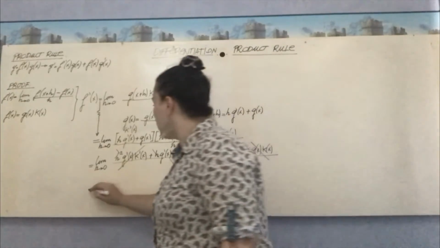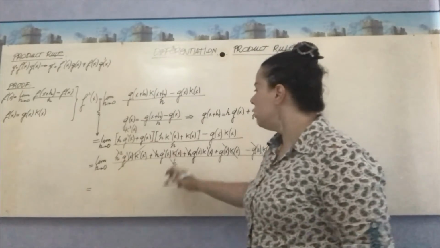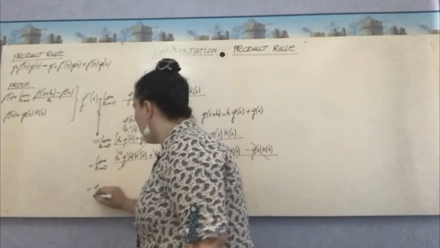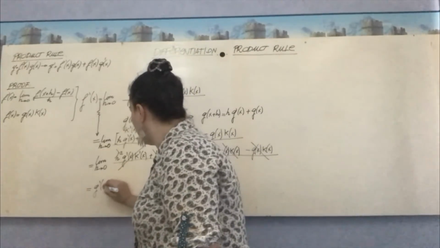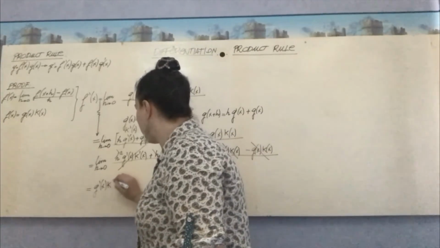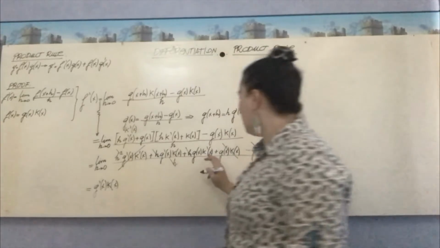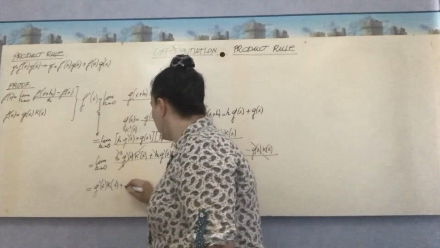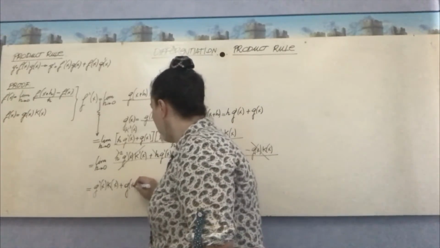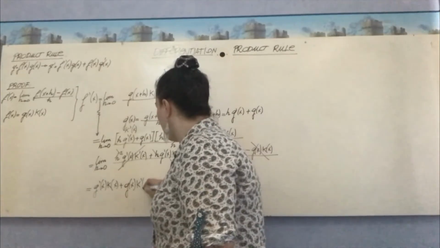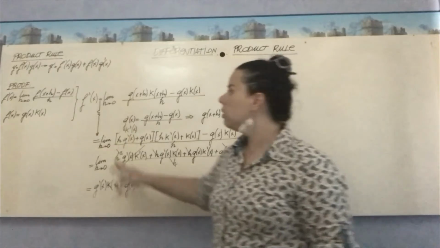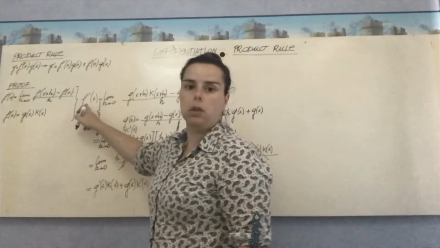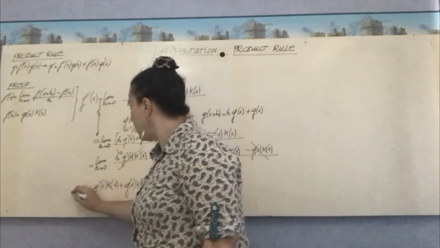What am I left with? These two terms only, and now I can get rid of the limit, there is no h there. g prime of x k of x, adding g of x k prime of x. And what were we searching for? The derivative of f of x.